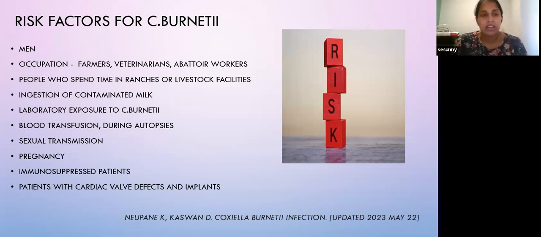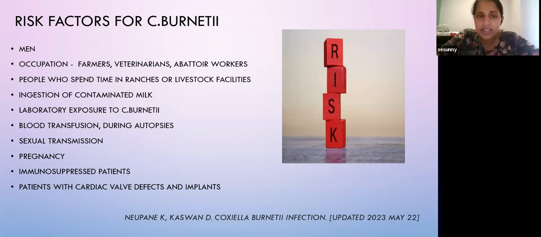Ingestion of contaminated milk, laboratory exposure to Coxiella, blood transfusions. There have been documented cases during autopsies, sexual transmission, like we had spoken about, but that's quite rare, pregnancy, immunosuppressed patients, and patients with cardiac valve defects and implants are also at risk for Coxiella.